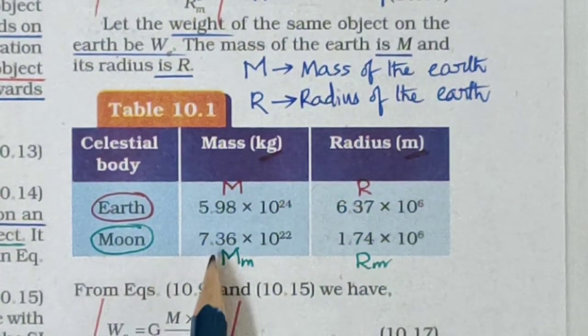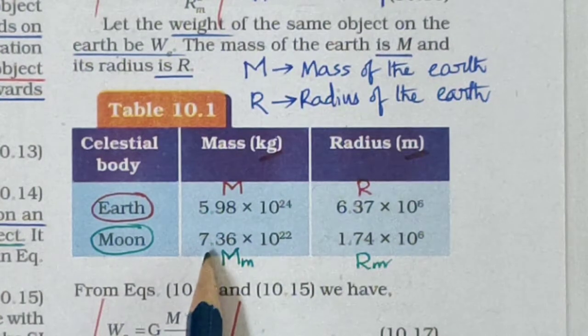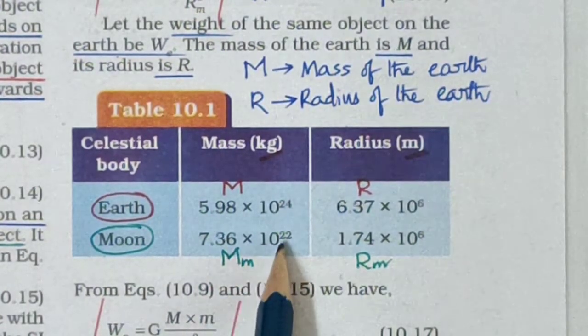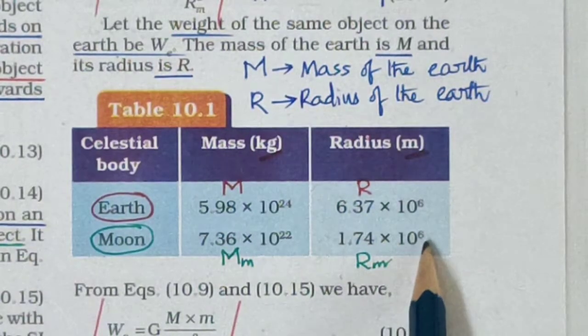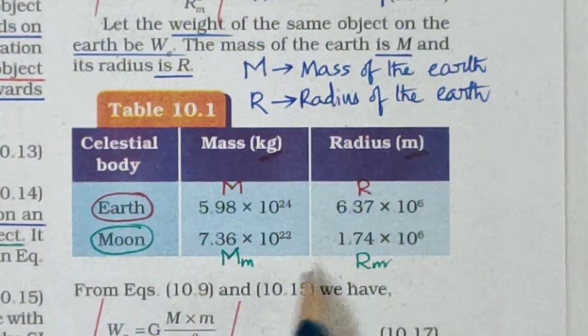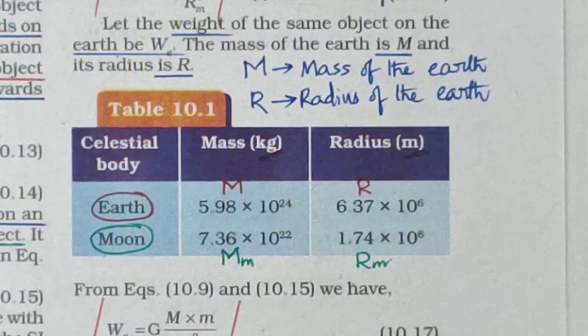The mass of the moon is 7.36 into 10 to the power of 22 kg. The radius of the moon is 1.74 into 10 to the power of 6 m. Let us substitute all the values in the equation. W is equal to g into m divided by r square, for the moon as well as for the earth.